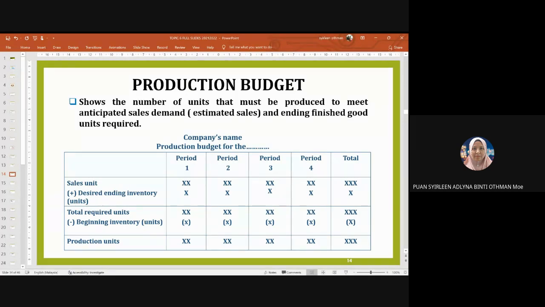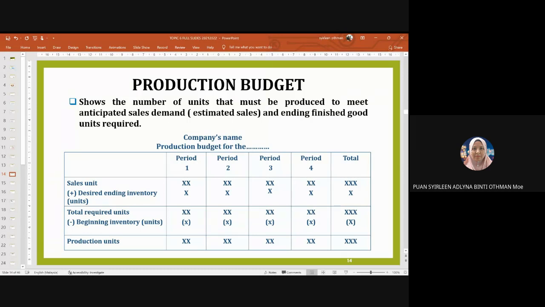Sebab tadi kita dah tahu your total sales yang you nak jual for 2022 is 19,600 units. Okay, so now I kena kira berapa unit saya nak keluarkan to match up with the sales unit. Okay, provided saya ada into consideration my beginning inventory from 2021.